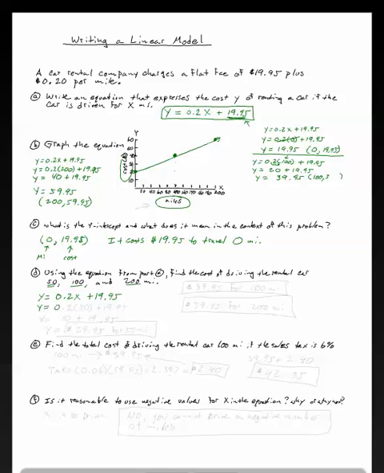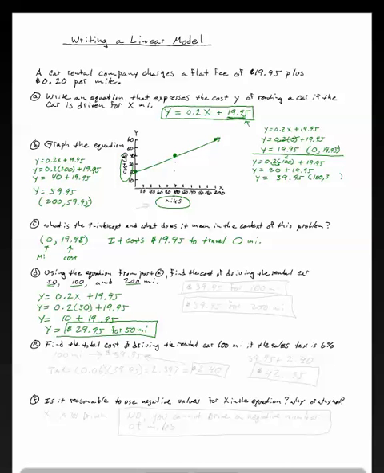So y equals 0.2 times 50 plus 19.95. That's going to give us 10 plus 19.95. So that's $29.95 for 50 miles.